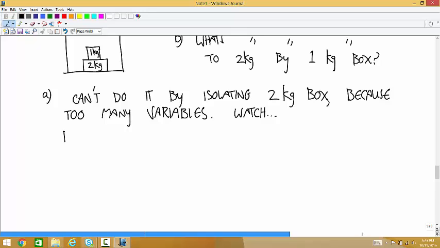Okay, so I'm going to draw a free body diagram of the 2 kilogram box. So there's the outline. There's a weight acting down of 2 times 9.81.